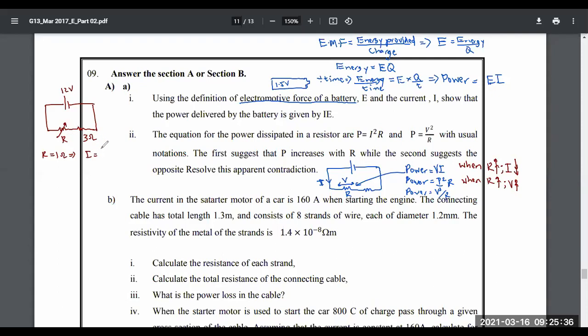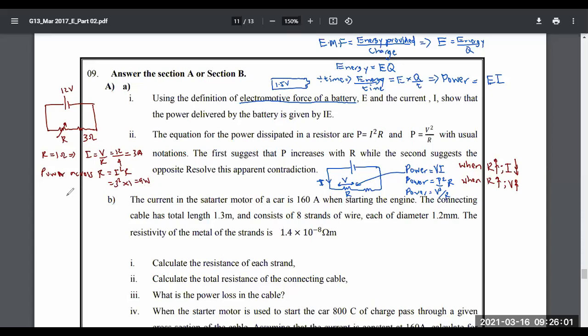Current in the circuit is going to be V over R, that is 12 over 4, and that is going to be 3 ampere. Then power dissipation across R is I squared R. So I squared is 3 squared into 1, that is 9 watt.